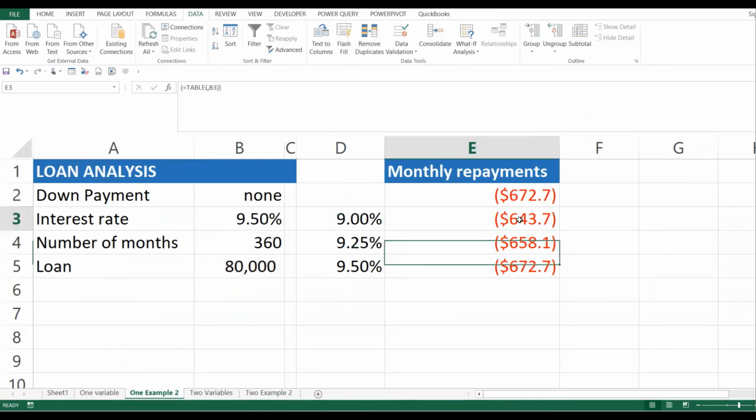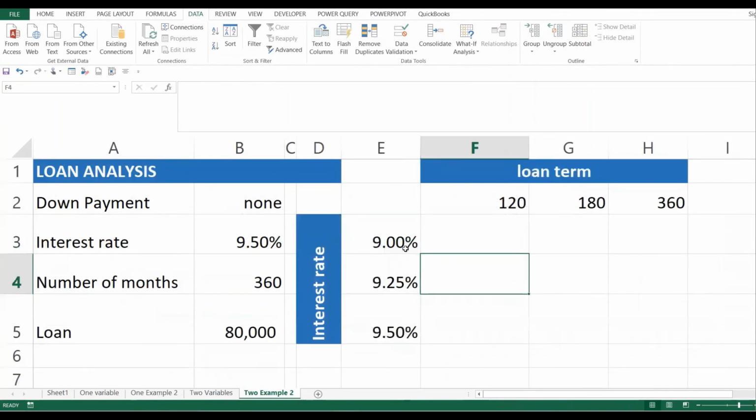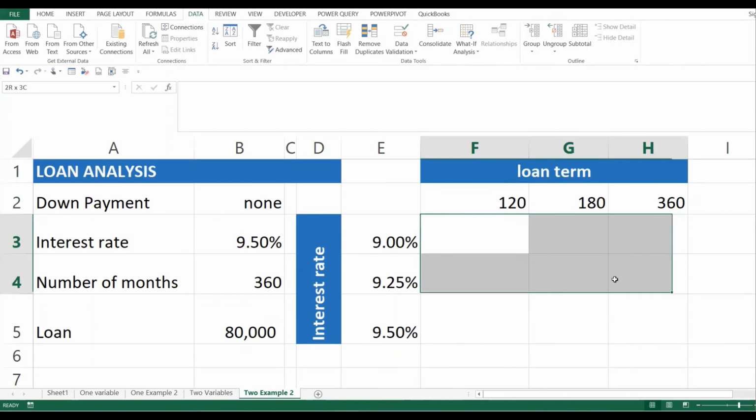And we discovered what the rates will be. Now, in this second example, I'm varying two things: the interest rate and the period, but I'm keeping the loan amount constant. If you want, you can also vary the loan amount. But in my example here, I want to keep the same loan, but vary the interest rate and the period and see what my repayment will be.